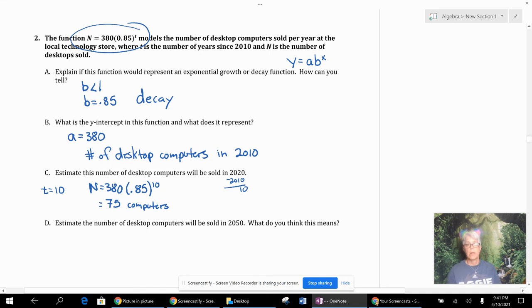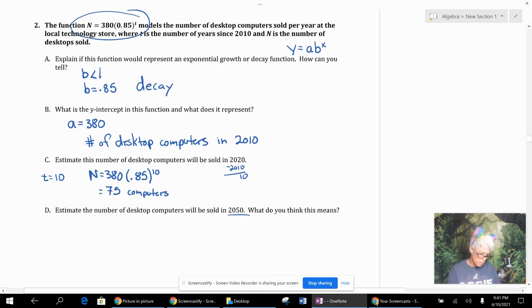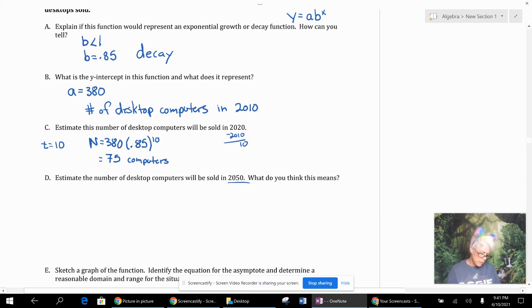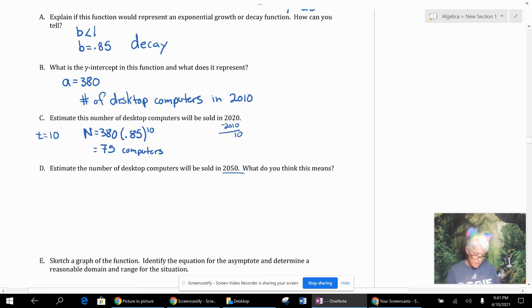I don't know who would buy a 10-year-old desktop computer out of this store anyway, but now they want to know 2050. Will there even be such a thing as desktop computers in 2050? In 2050, t is 40 years. So N is 380 times 0.85 to the 40. Remember, we're having decay.